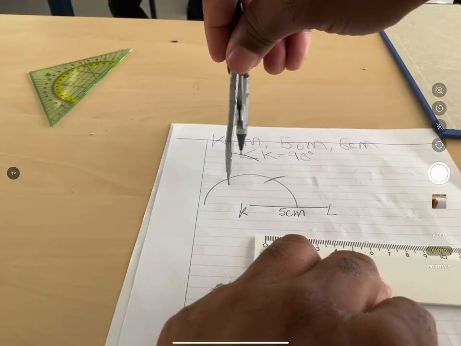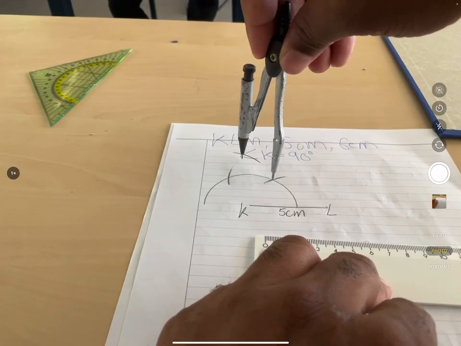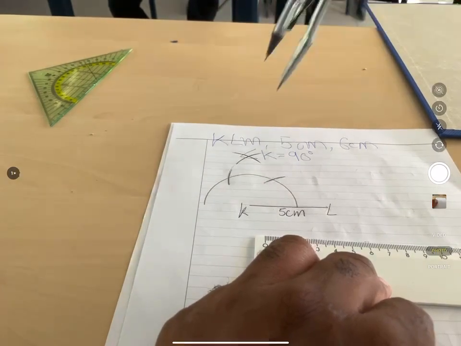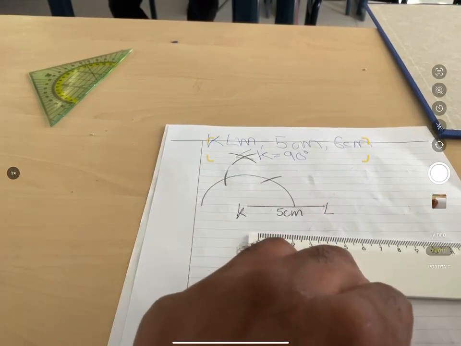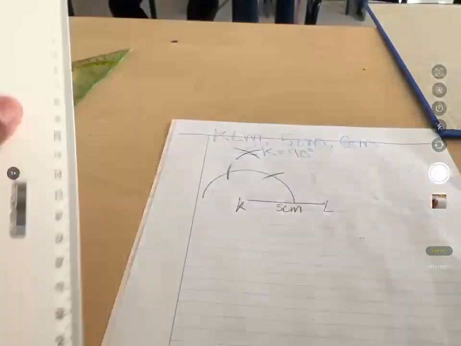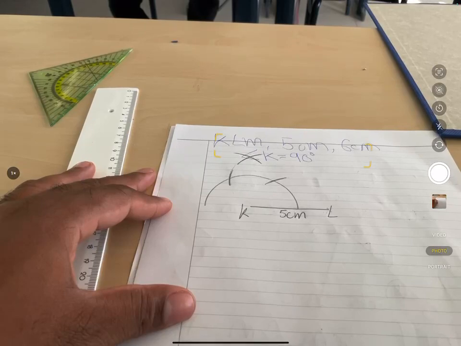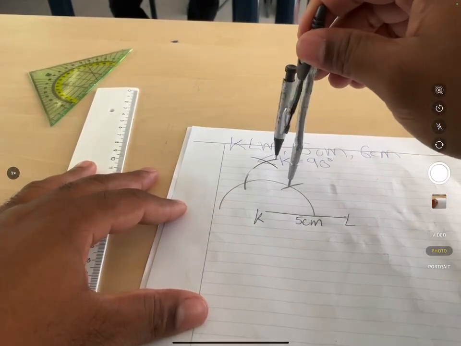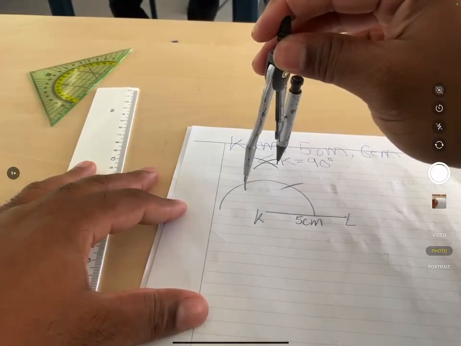You create an arc here, and then you switch it up here, make another arc, and that is your 90-degree angle. Yes? You stand here, make an arc, you switch it up, and make the other one.